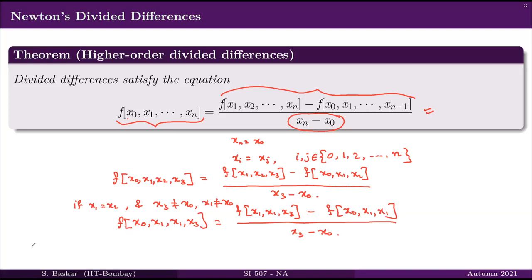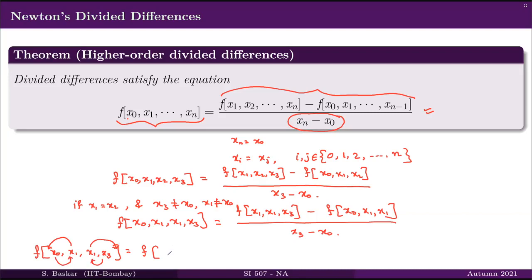Therefore, I can as well write this as f of x0, x1, x1, x3, I will just push this to the first place and this to the last place and bring these two to this place. So I'm just permuting these nodes.